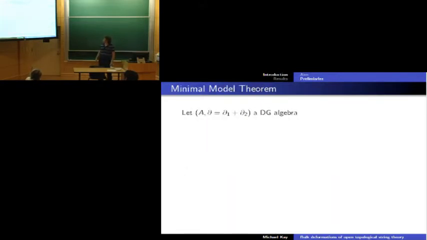Okay, so now let A be a DG algebra. So it's again also an A-infinity structure. This would be the off-shell A-infinity structure. So namely, this is the ingredients of the string field theory that descends to the open topological string theory.